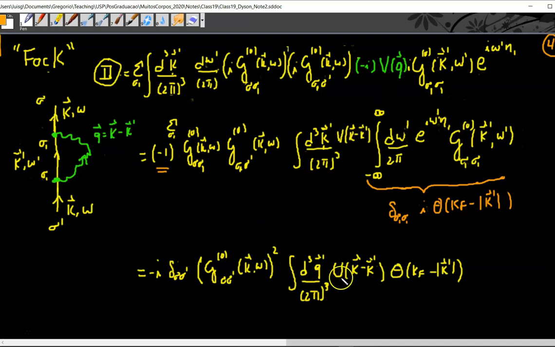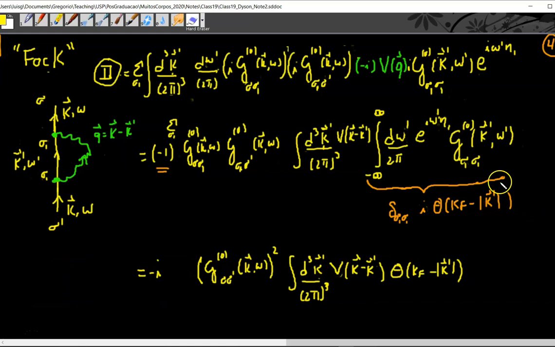Sorry, a V here, and this is k prime, not q prime. And that's it. There's no delta, nothing here, but there's this minus I that comes from this. Now if I add 1 and 2, this should be equal to I times G1.